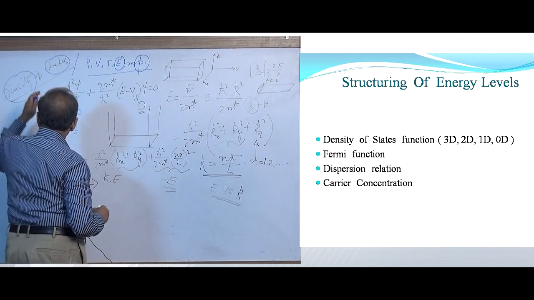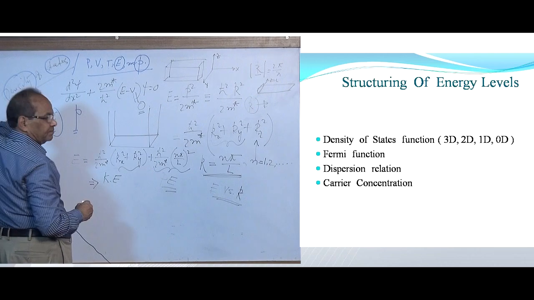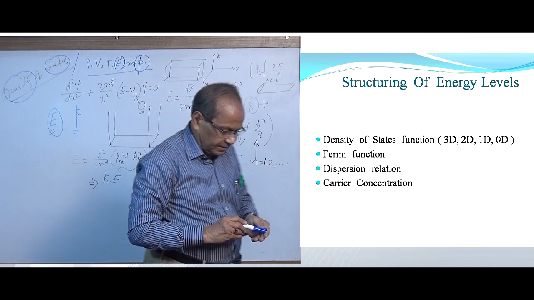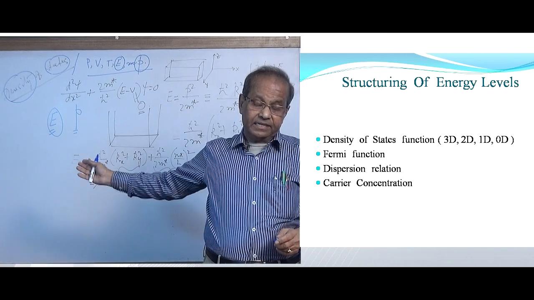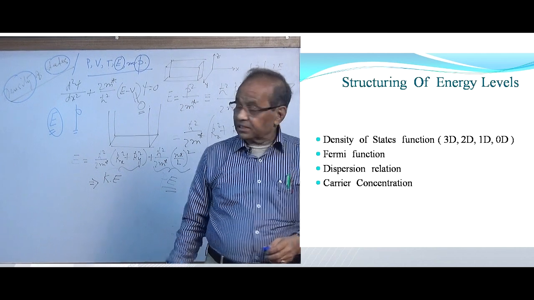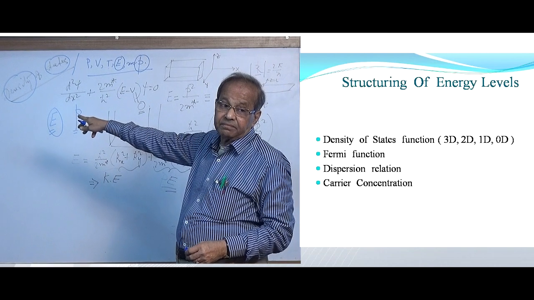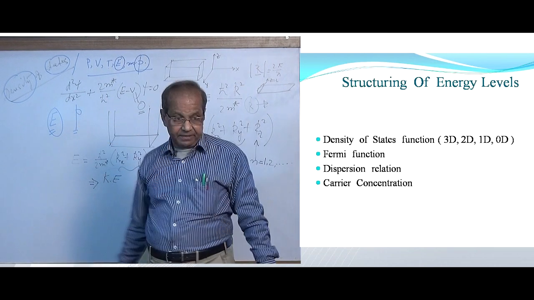Now let us come to the definition of the density. In school, we know that density is mass density, mass per unit volume. Similarly, here it is states per unit volume of the specimen.